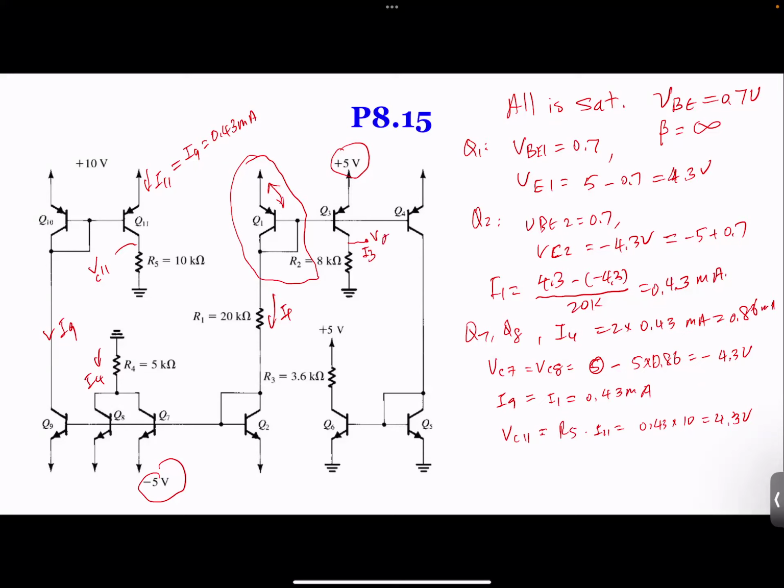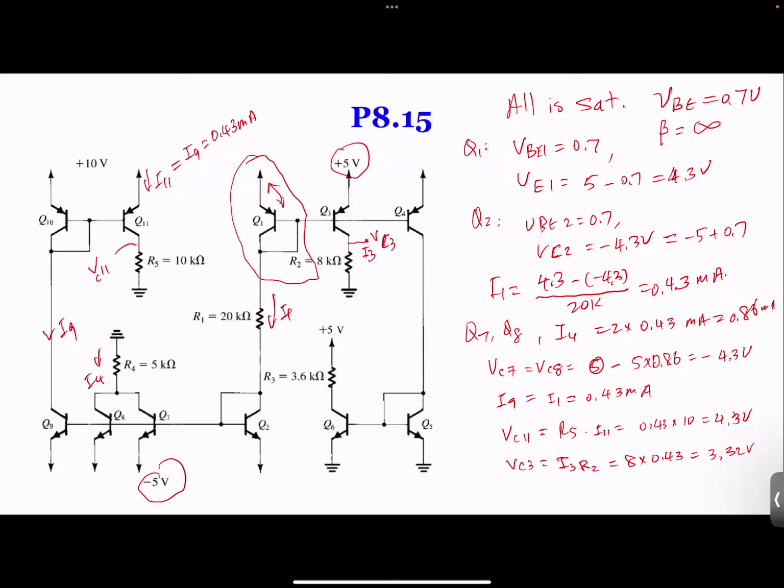So VC3 is going to be equal to I3 times R2, 8 times 0.43. It's going to be 3.32 volts.